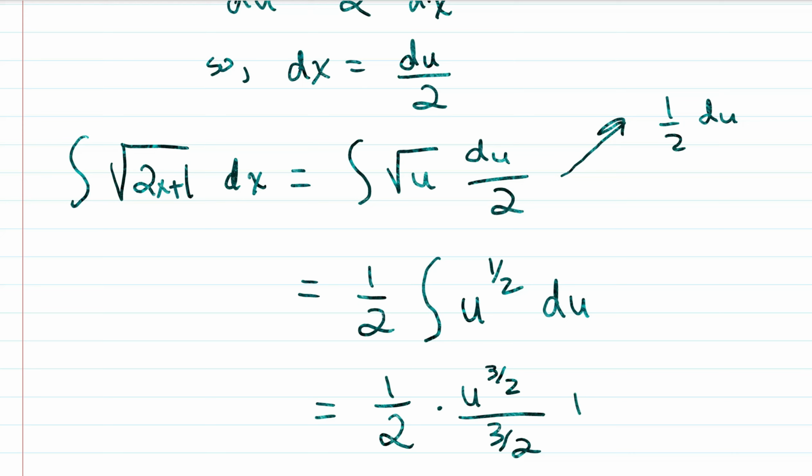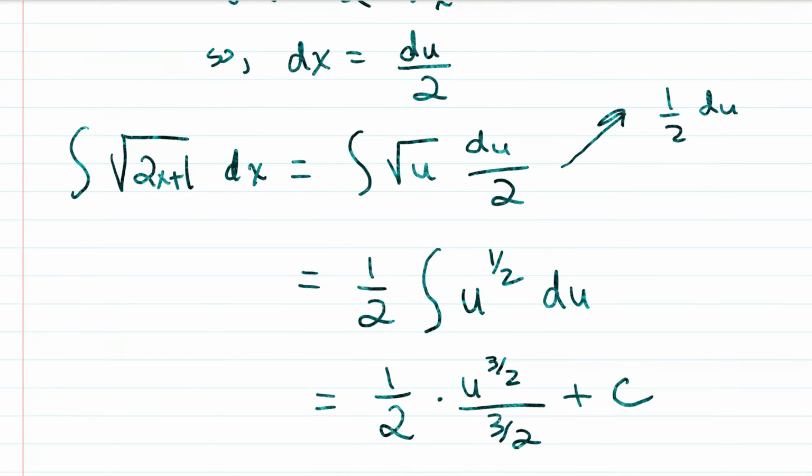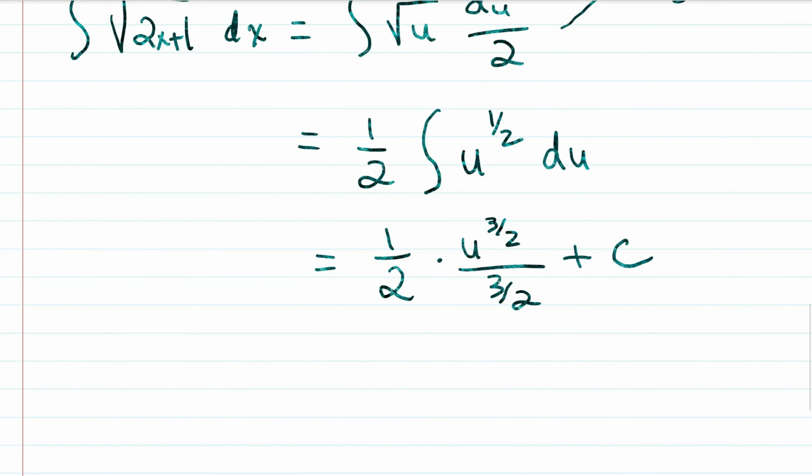And then you can't forget the constant of integration. And then we'll just clean it up a little bit. We'll say 1/2 times the u to the 3/2 over 3/2. Well, you can just multiply straight across, and I'll get 1/3, right? So 2 times that 3/2 gets us that 3 in the denominator.